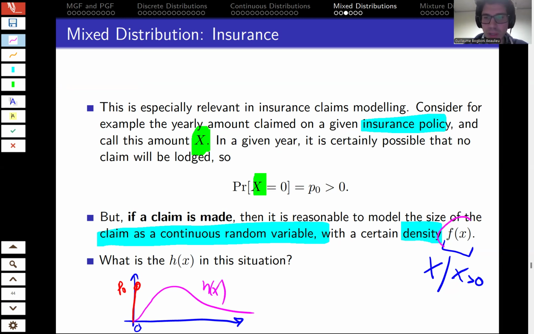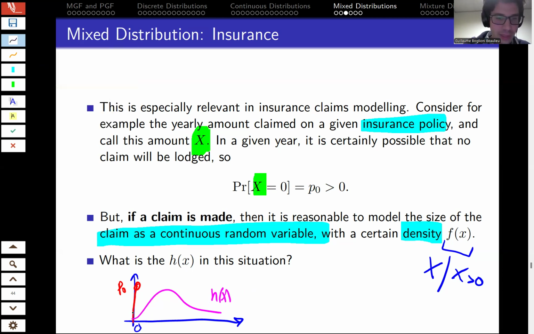But now I said that what we call f x is the density given x is bigger than 0. So h x doesn't integrate to 1, but f x does integrate to 1, and h x is just a scaling of f x.